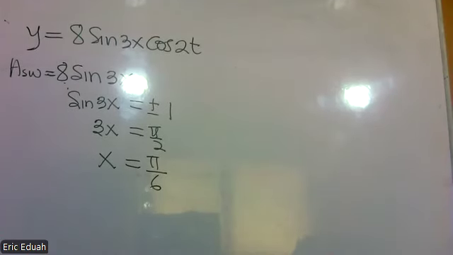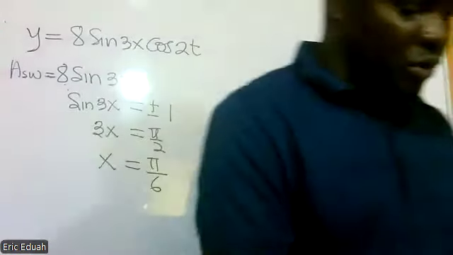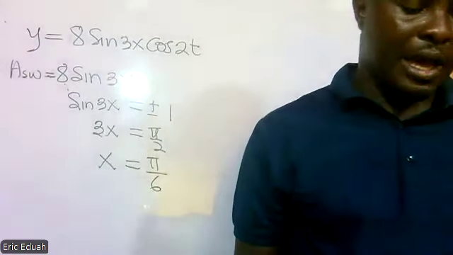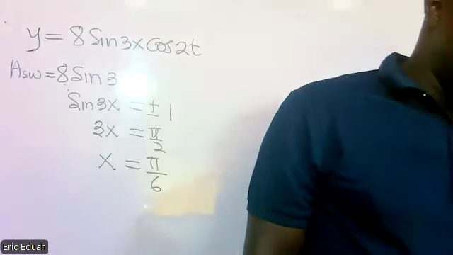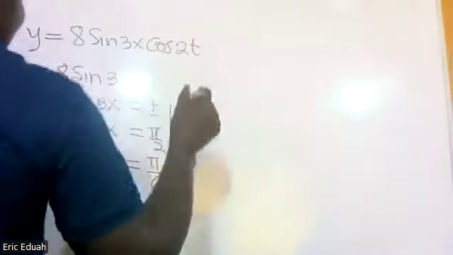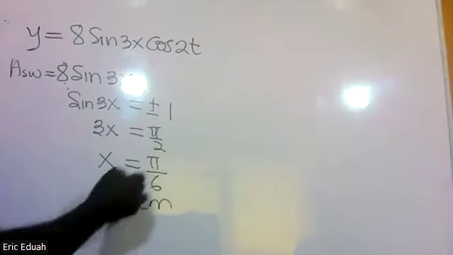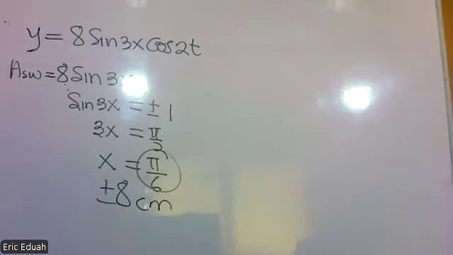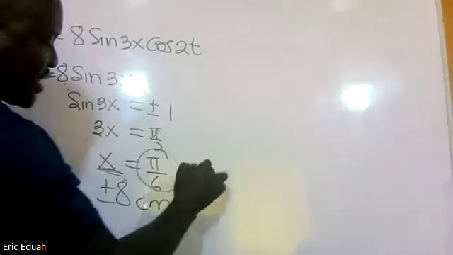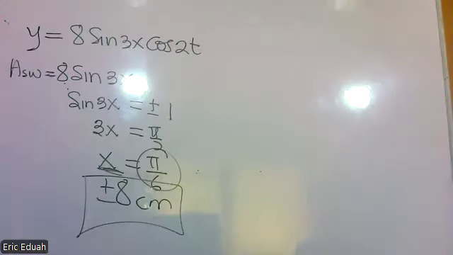If x is equal to pi on 6, we have located an antinode, which represents an amplitude of 8 plus or minus 8 centimeters. So this position would give us an antinode, but there can be several positions which would. So these x positions will give us an amplitude of 8 plus or minus 8 centimeters.